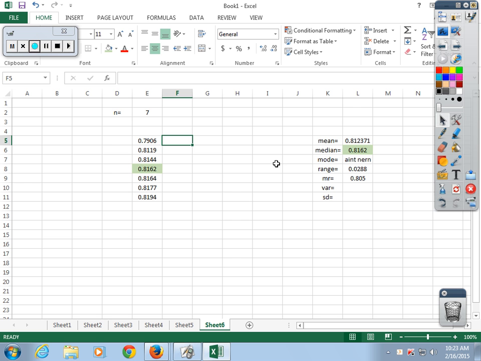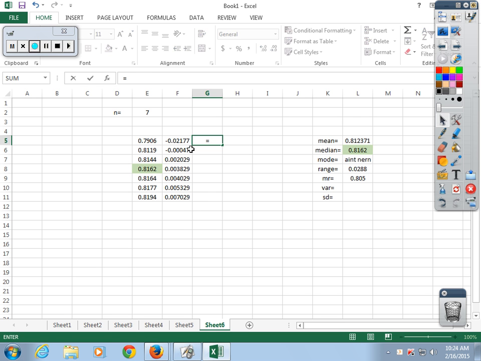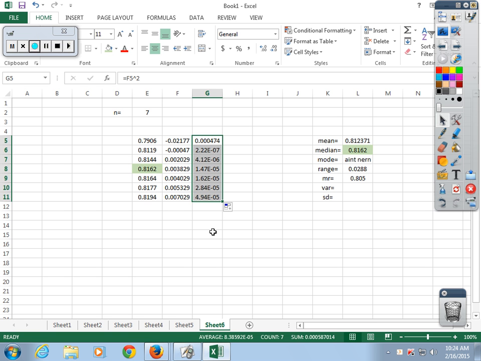All right, so let's take the variance. We're going to have to do equals this guy minus that guy. What do we do if we use Excel? What do we do to the mean? Lock it with F4 and copy down, and equals this guy raised to the second power, and copy that down. And then what do we do?